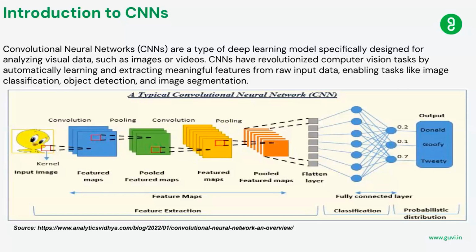So you give it one image, it extracts certain features, and you give it the label that this belongs to Tweety. Then you give it another image and it extracts some other features, and it understands that okay, these features belong to Tweety. When it sums up its intelligence from all 1,000 images, it now knows what the features are that correspond to this particular class. And when a new image comes in, it tries to look for those filters. When it finds them, it classifies the image correctly.